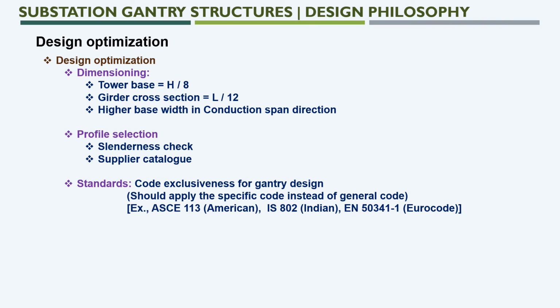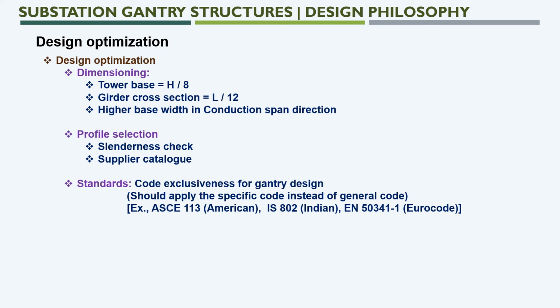So that will define whether the member is suitable for compression, because in a reversal force calculation, by considering the tension or compression, the tower members are subject to reversal force, it means it will carry both the tension and compression loads. So compression is the major failure of any angular member. So we need to check slenderness first.